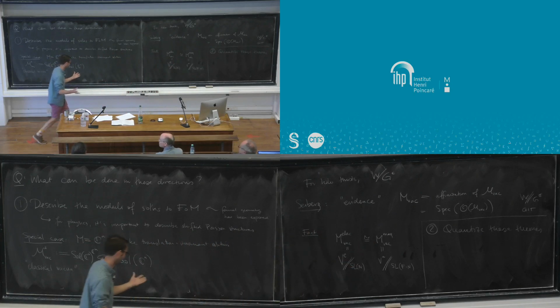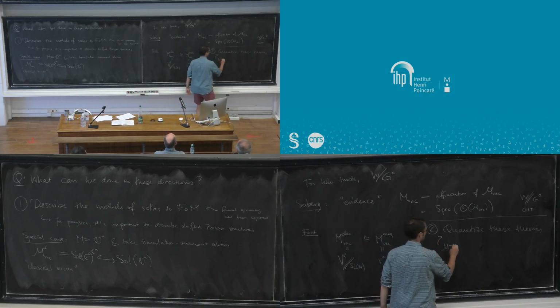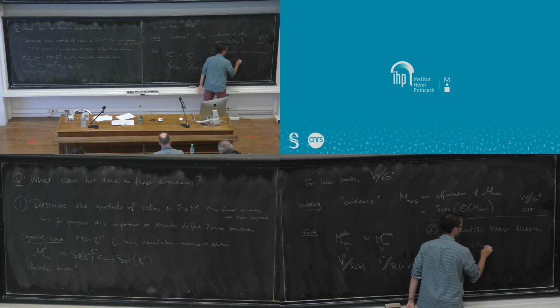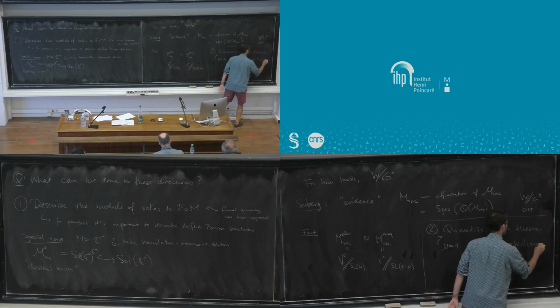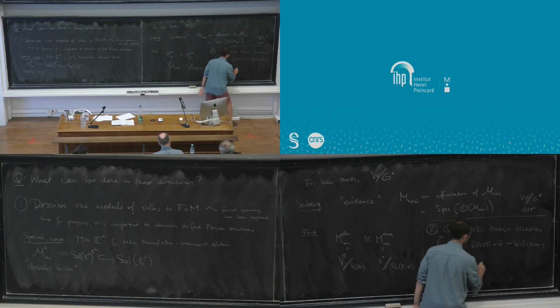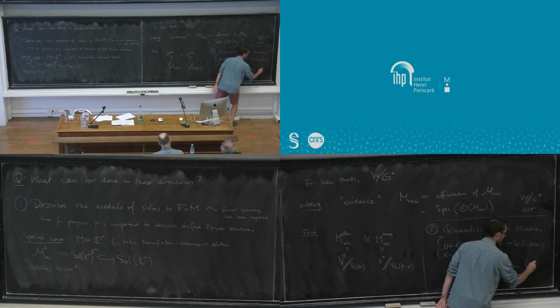Collaborators: n equals 4 is Chris Elliott, me and Brian Williams, and we do n equals 2 along the way. N equals 1 is me and Brian Williams, and this is work in progress.